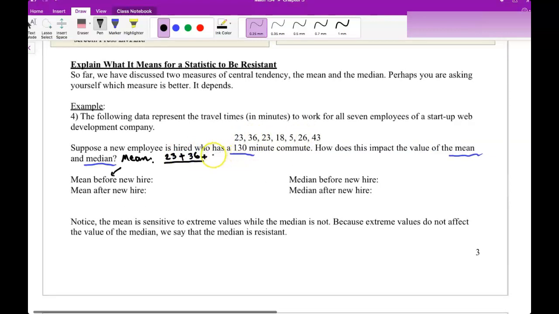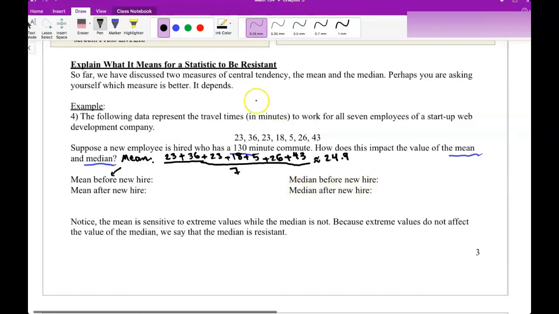I'm adding all these numbers, divided by the number of observations, which is 7. Rounding it, the answer is 24.9. So that is our mean.